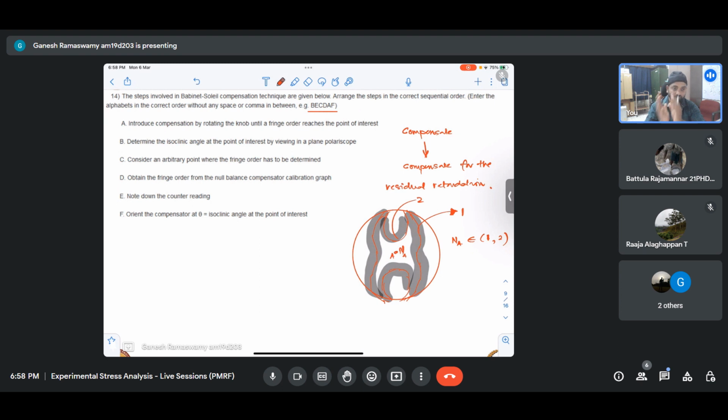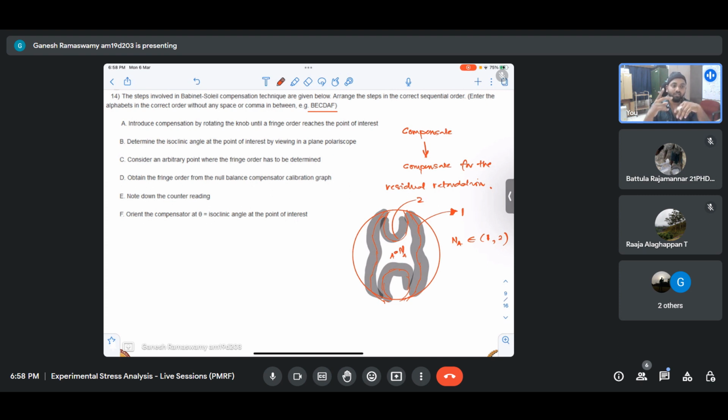So in such a case, we should know the isoclinic angle, where the fast and slow axis essentially is with respect to our coordinate system. Once we know that at a point, we will be able to write the Jones matrix multiplication and arrive at what the light characteristics are at that point. If we did not know that, then we are not sure at what angle we are taking.